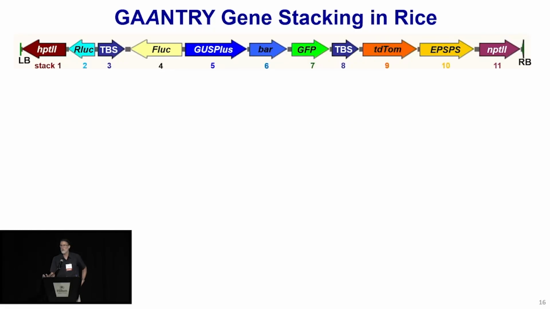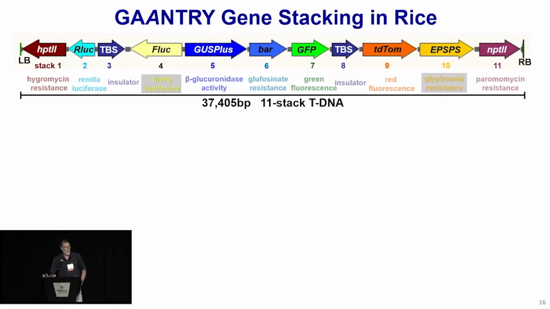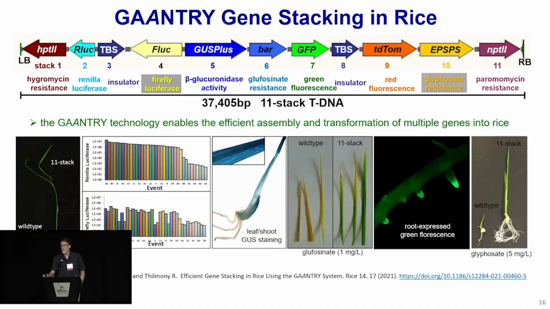And so we built a new assembly, and this time it's considerably bigger. It's over 37,000 base pairs in length with 11 cargo sequences. But again, we picked expression cassettes that give us easily assayable phenotypes in the transgenic plants. And that's what's shown here. Then we generated transgenic Nipponbare rice plants using the GANTRY 11 stack strain.